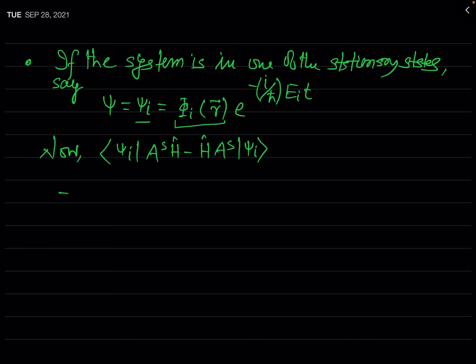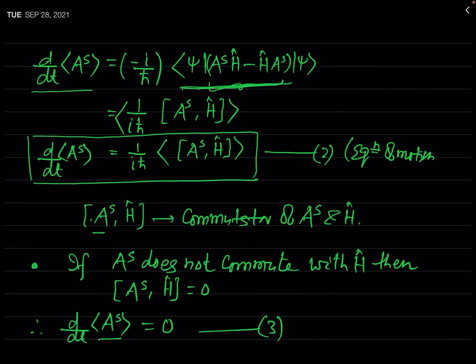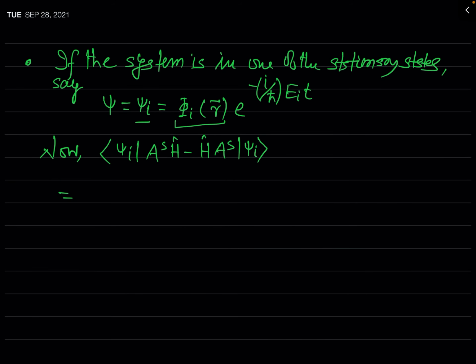Our aim is to evaluate this factor, because when we evaluate this much, you can see directly then this d/dt of A will be evaluated. So I am just going to evaluate this factor, and I have written at the place of psi this psi i, and psi i has been defined here, you can see.